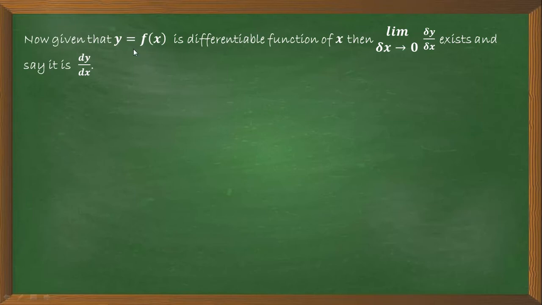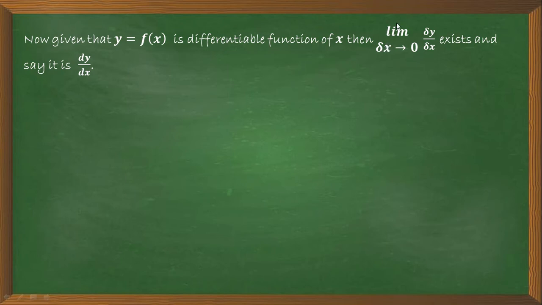Then by the first principle of the derivative, limit delta x tends to 0, delta y upon delta x exists.